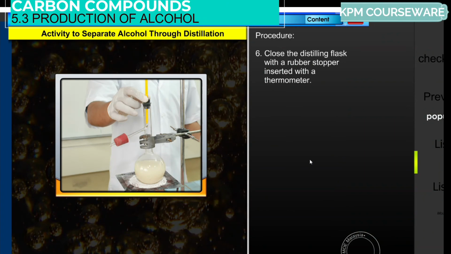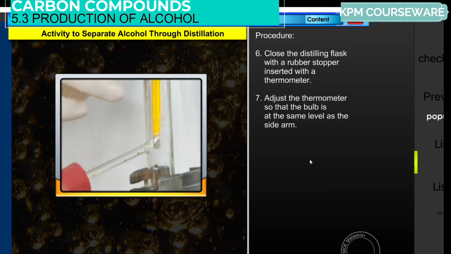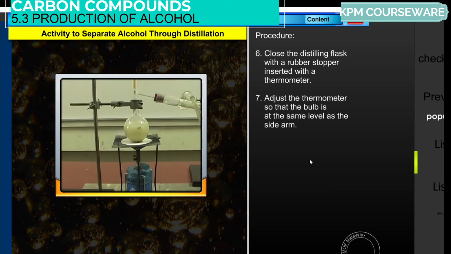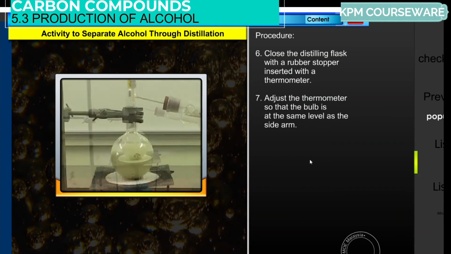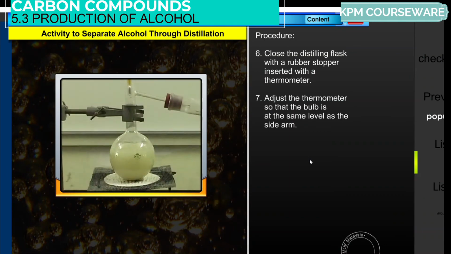Close the distilling flask with a rubber stopper inserted with a thermometer. Adjust the thermometer so that the bulb is at the same level as the side arm. This is to ensure that the vapor surrounds the bulb and the distillation temperature can be taken.